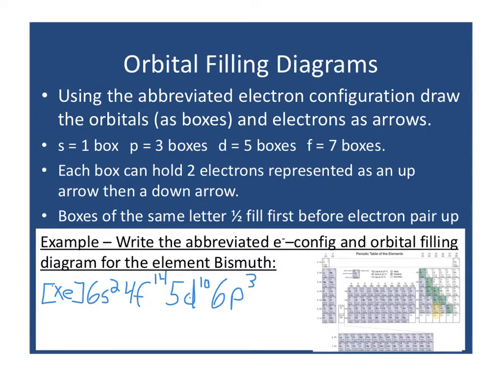So now what I have to do is I have to go in and I have to draw a little box for all of those. So I have a 6s box. I need 7 4f boxes. 1, 2, 3, 4, 5, 6, 7. 5 d boxes.